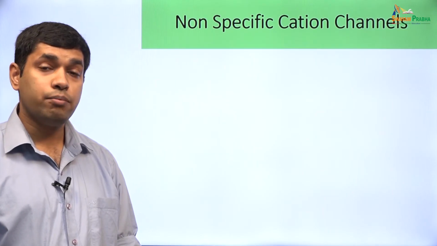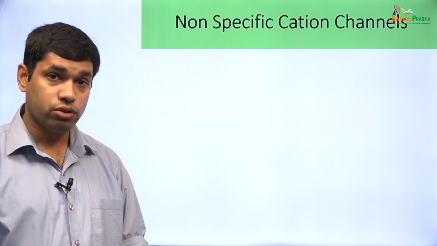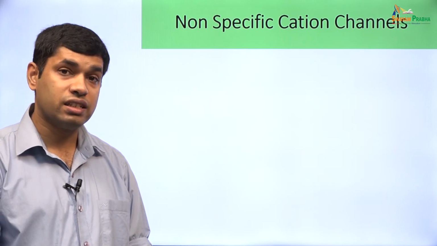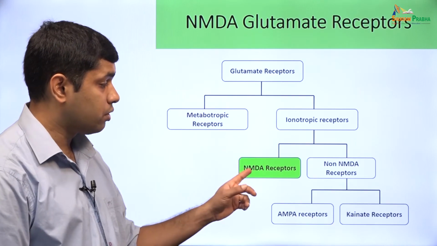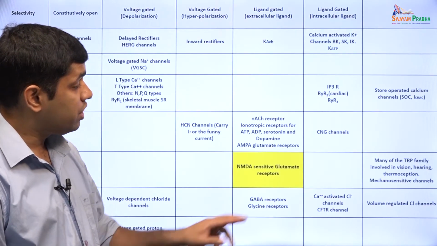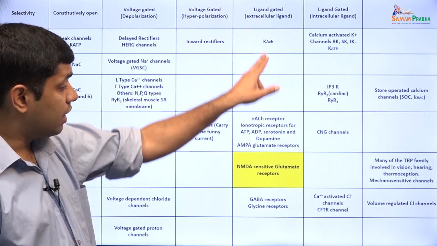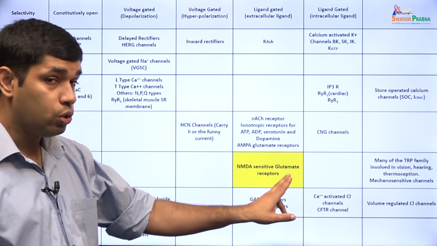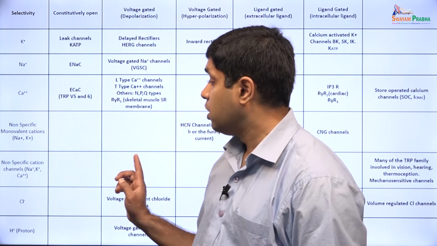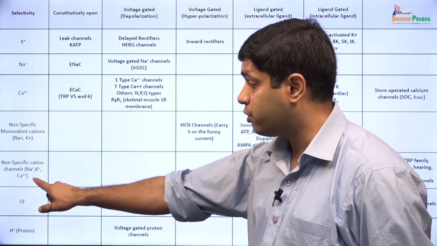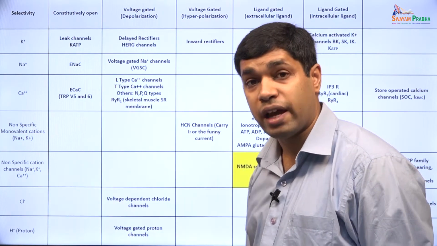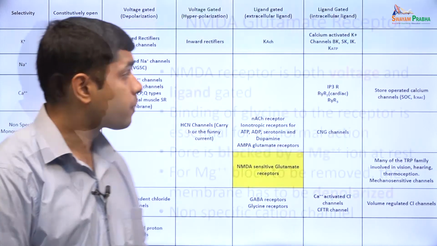Now this would be a good time to talk about the non-specific cation channels, and the first one that we will discuss is the NMDA receptor. So what do we know about the NMDA receptor? We know that it is ligand gated, the ligand is glutamate, and we know that it is a non-specific cation channel. It permits sodium, potassium and calcium entry into the cell.